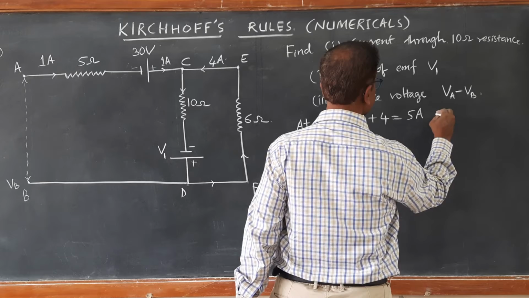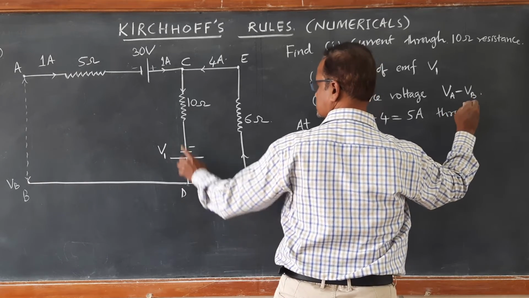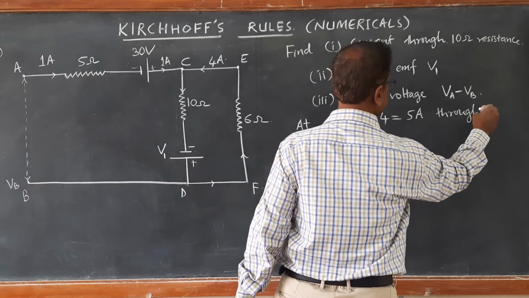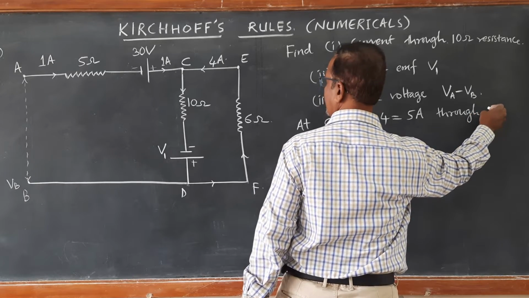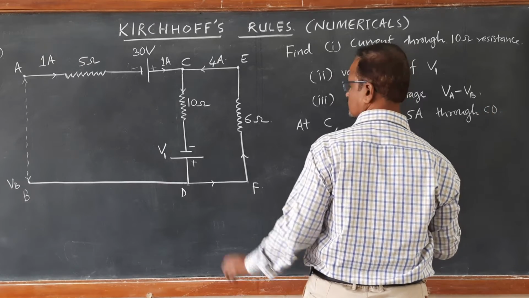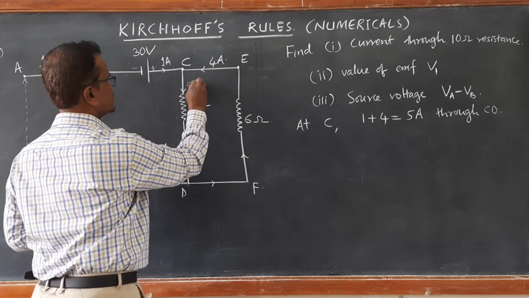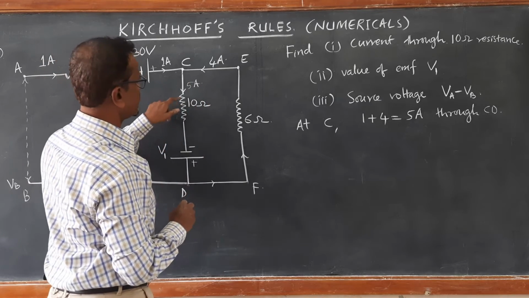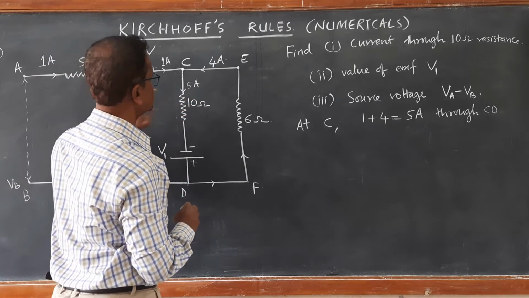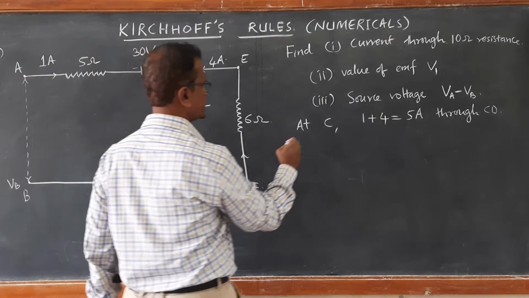So 5 ampere is the current through CD branch. So current through 10 ohm resistance is found out, that is 5 ampere. Therefore, that is the first one.